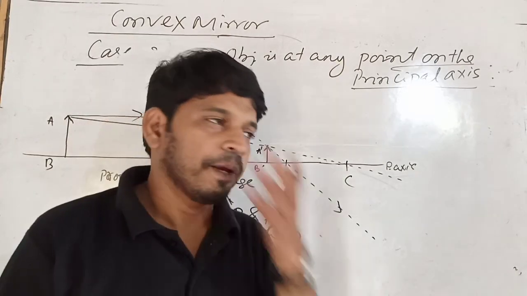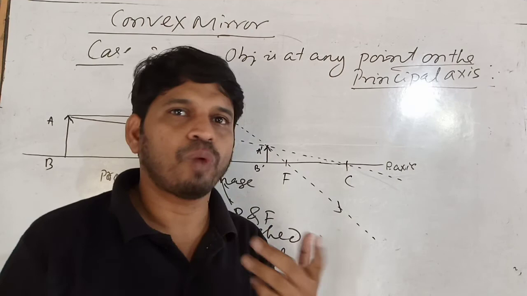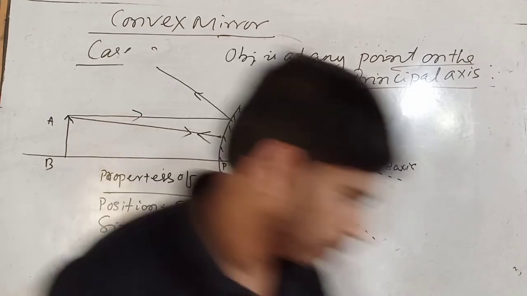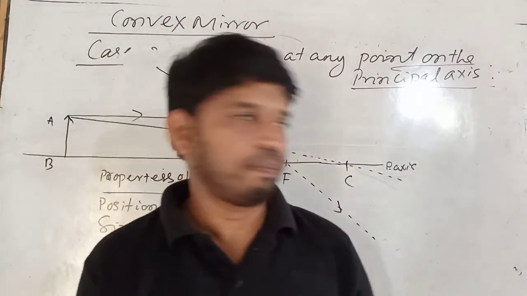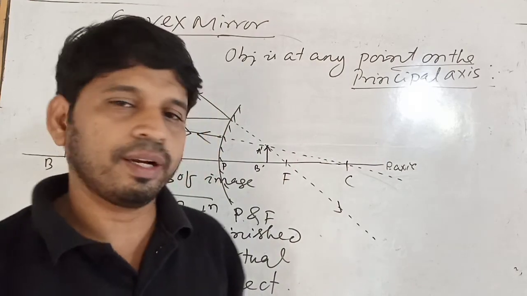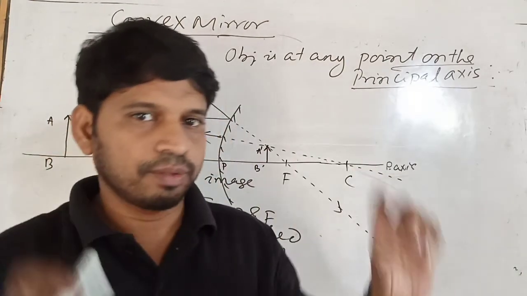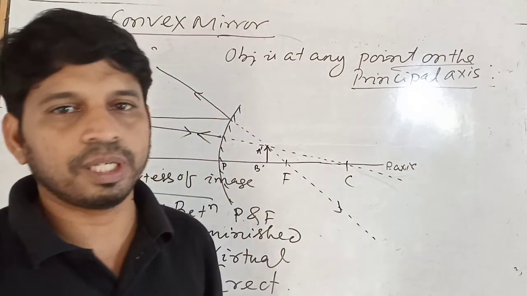You can see the NCERT book, page number 164, where it is tabulated how the image will be produced for every position of the object.